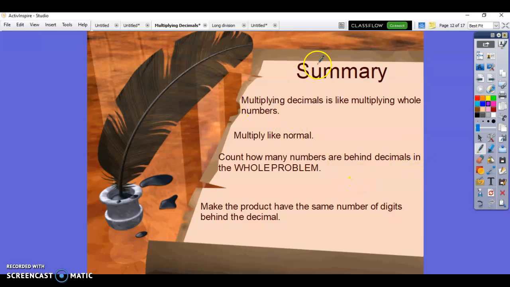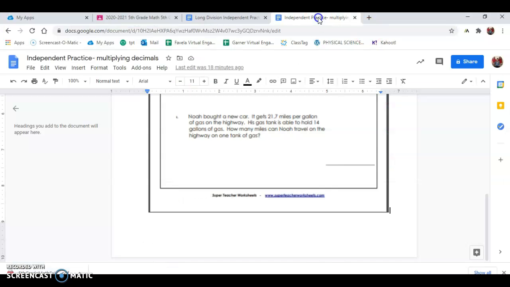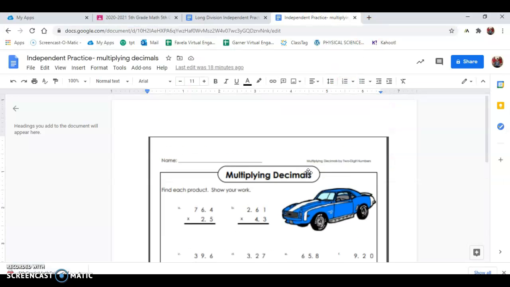And that concludes our lesson for today on multiplication. Make sure that you practice those before you do the independent work, because the independent work is the graded part. Once you get finished with this, your independent work is going to be here, on a Google Doc.